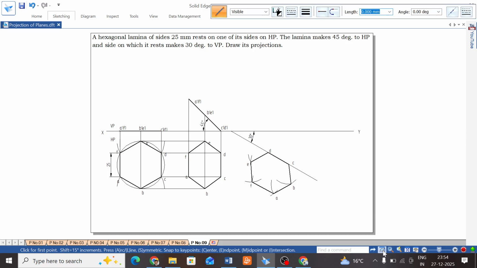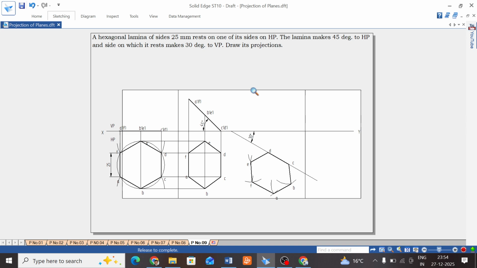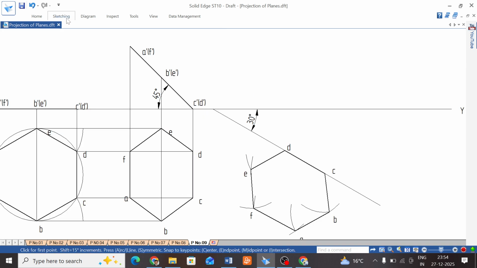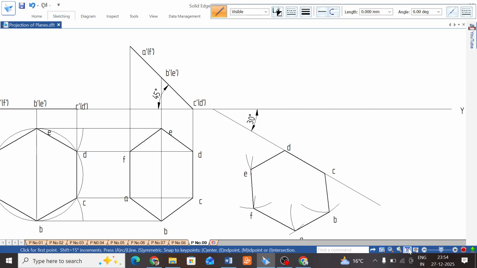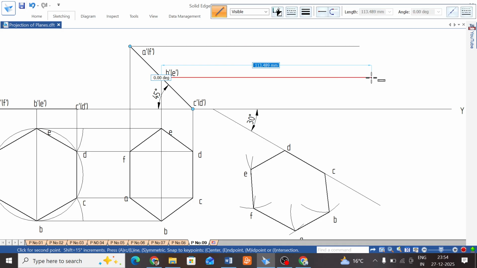Now project for front view with thin lines. Project this end point towards the right side, and next B and E towards the right side.